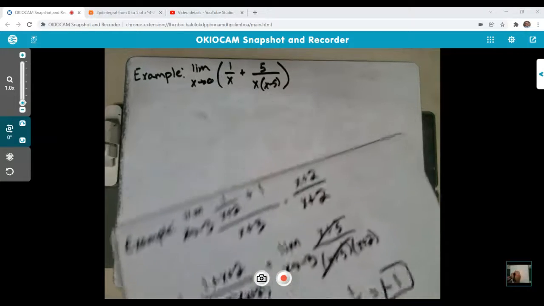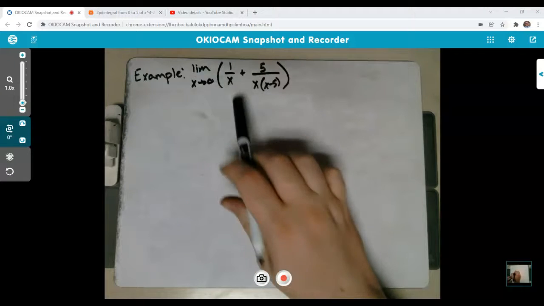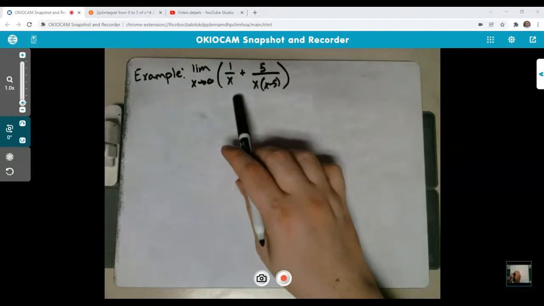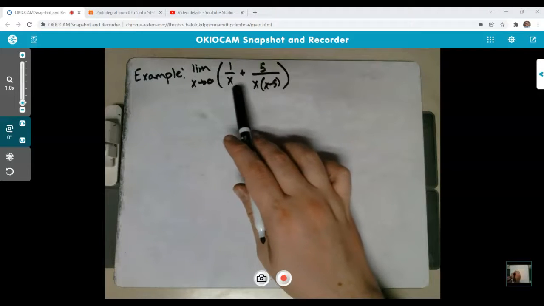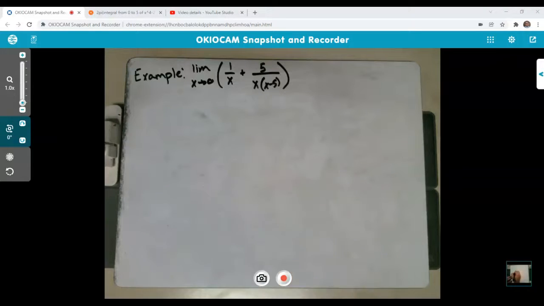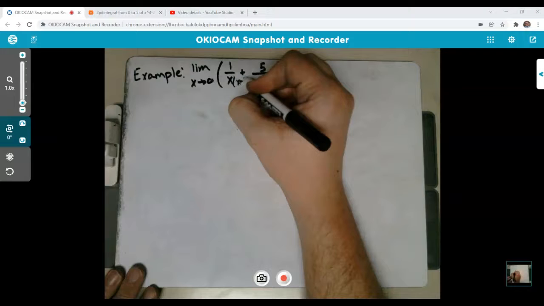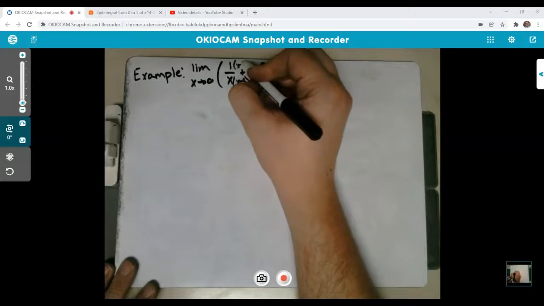Instead, I want to add these up to make it one term and see what that does. In order to add these, I need a common denominator. Both of them have the x, so that's a good start. But this one also has an x minus 5, so I need it over there too. So I need to multiply this by x minus 5. If I do it on the denominator, I'm going to do it on top as well.